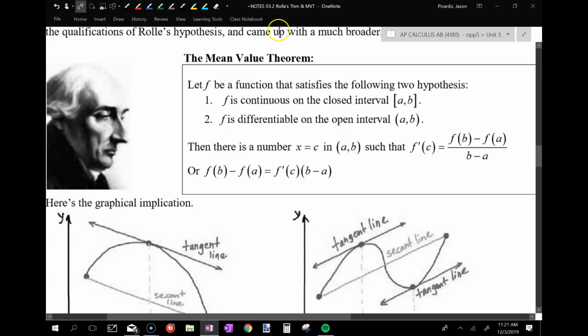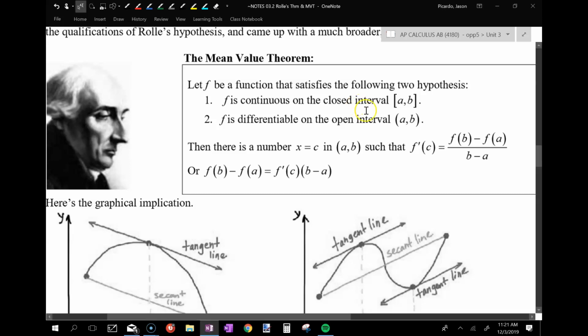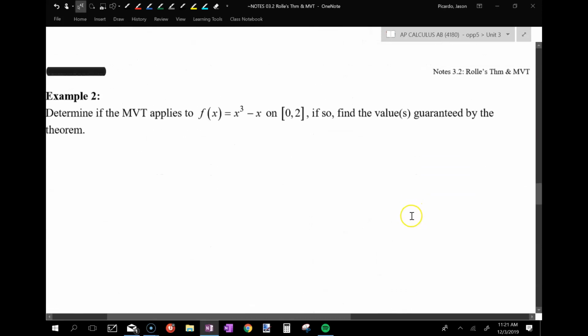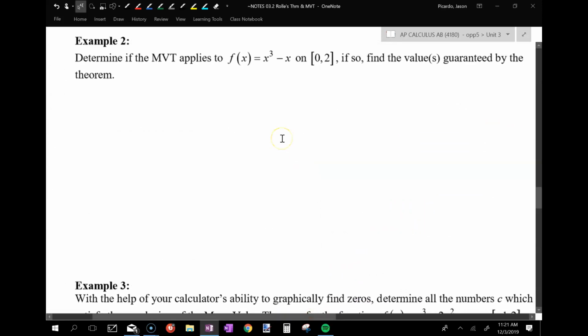Okay? And what the theorem now says is, okay, well, if I found the slope between those two endpoints, then the derivative has to equal that slope at some point, at least one. Okay? So let's do it. Determine if the mean value theorem applies.